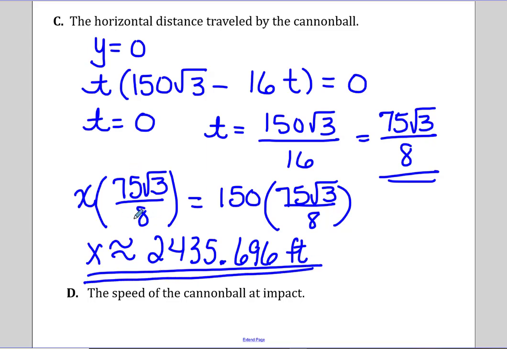This was the time it hit the ground, and this was the horizontal.